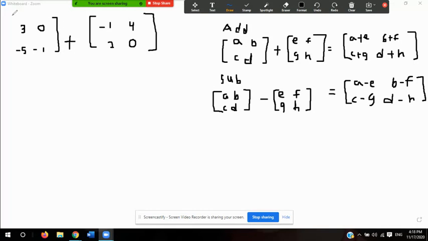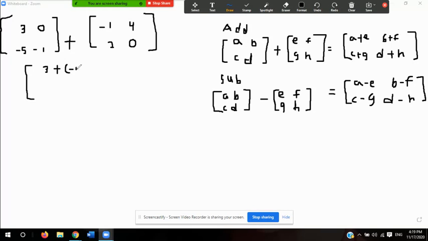Okay. So based on the formula, it says A plus E and B plus F and all that stuff. So what does that mean? It's really simple. In fact, you can do a lot of these mentally. I am going to, however, do the middle step so you guys see what's going on. So it's going to be 3 plus -1.